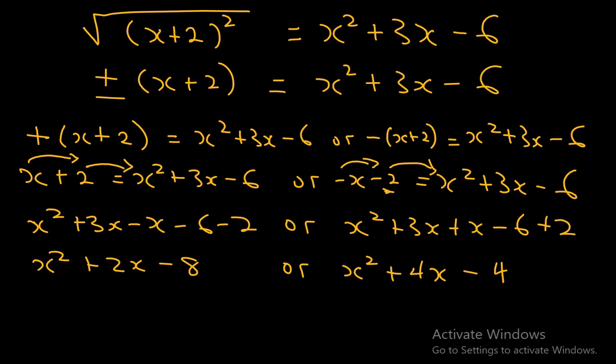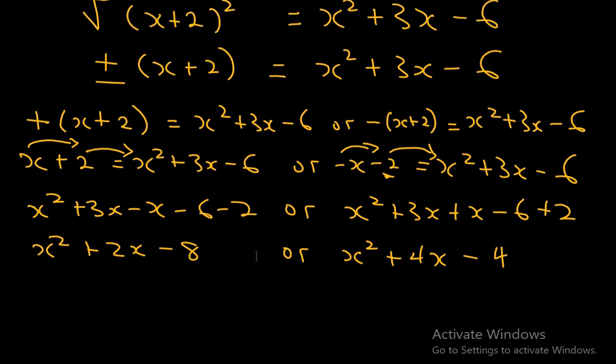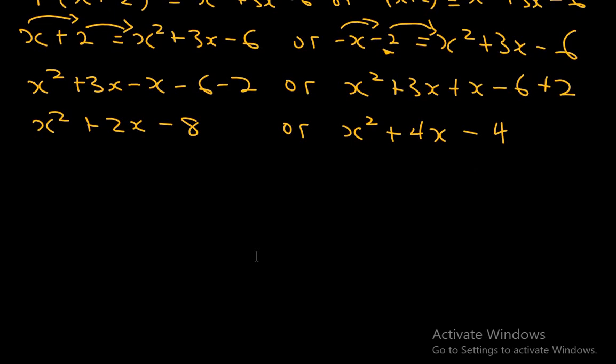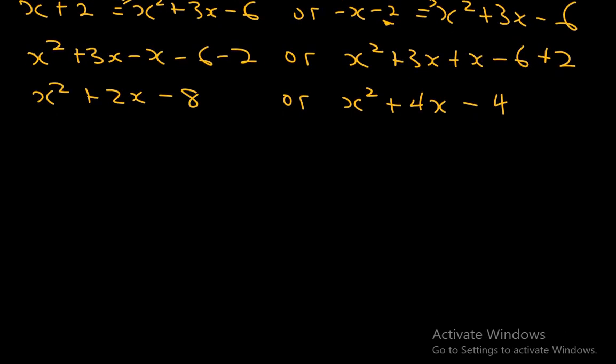If I solve what I have on this other side, I can use two methods, either the formula method or the completing the square method. I can't factorize this, it's not factorizable. So let's use completing the square.